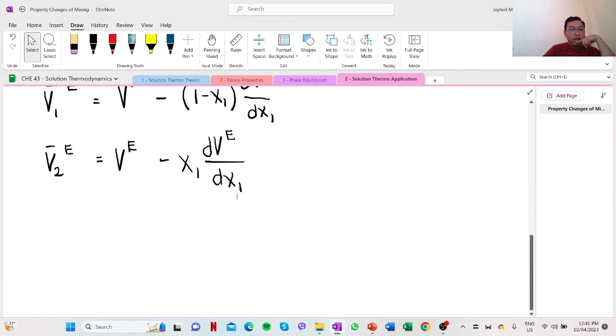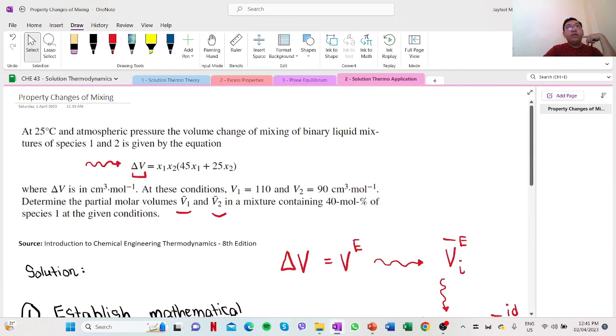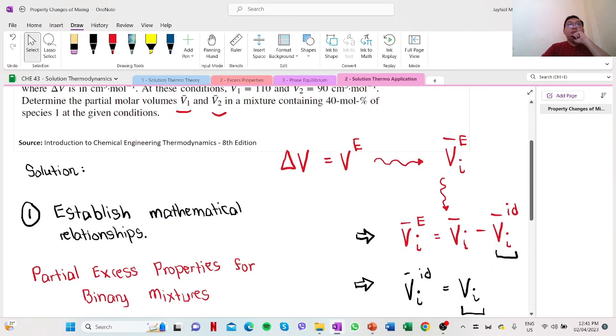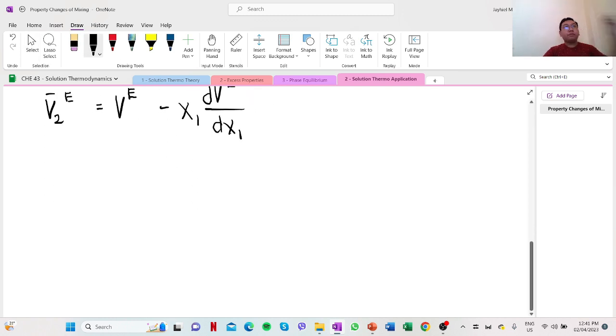Now, at this point, we already have the equation for delta V, which is equal to VE. So the next step is to solve for the derivative dVE over dx1.